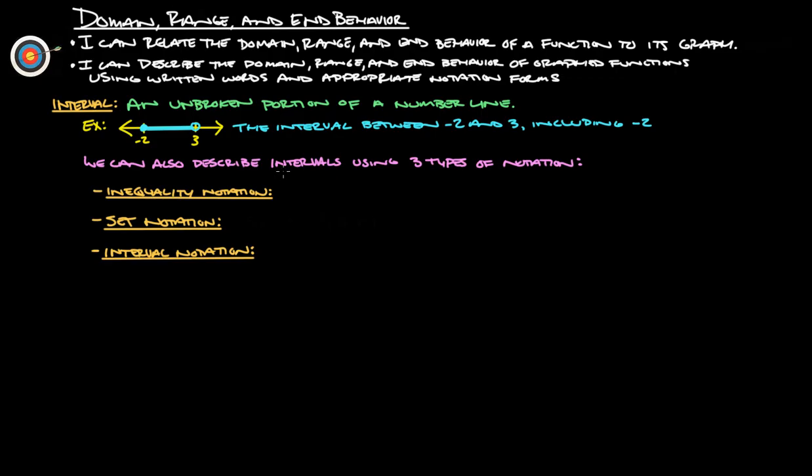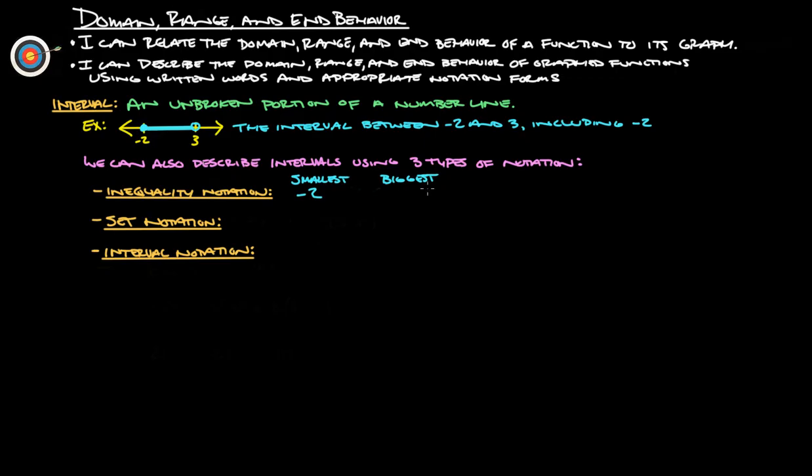We can also describe these intervals using three types of notation: inequality notation, set notation, and interval notation. I'm going to show you each one of those. The way I like to do this is to start with the smallest and biggest for each one. For inequality notation, we start with the smallest this will ever be, which is -2.